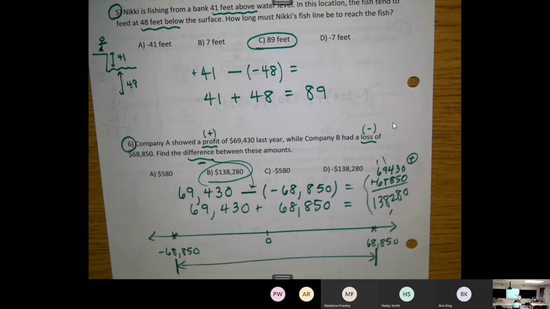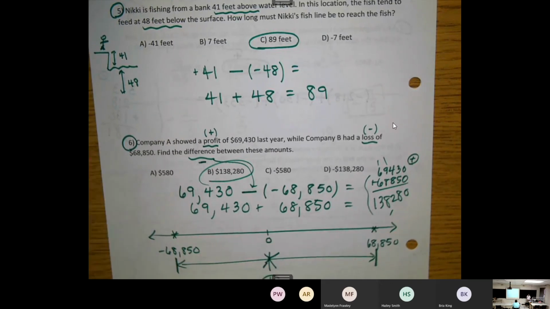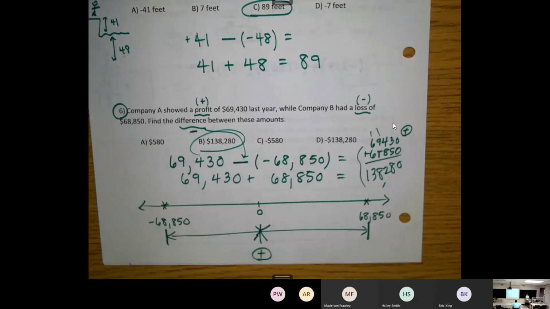So we're going to need to include all of this distance plus all of that distance. I think there's a similar homework question, so just be on the lookout for something asking about a difference or positives and negatives, things going opposite directions.